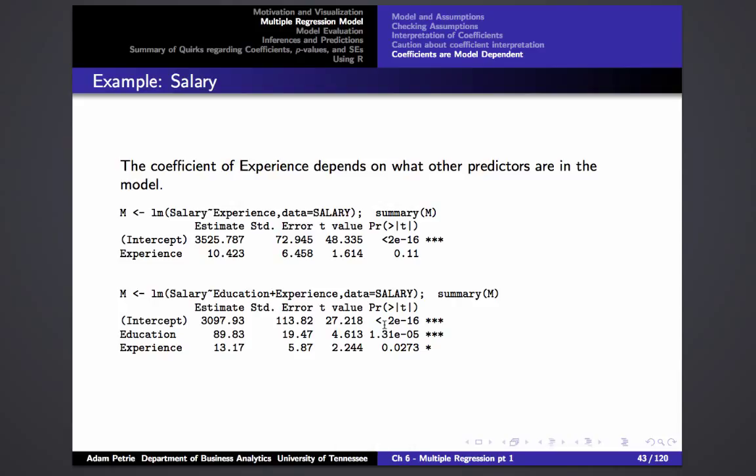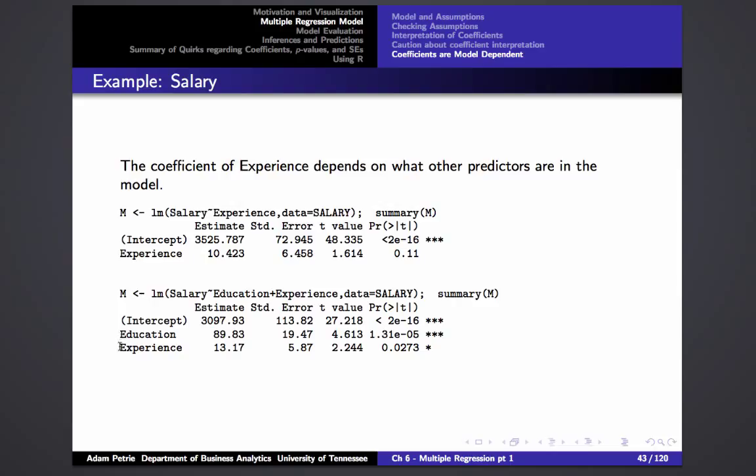Okay, so let's just look at a few examples here. Back to our salary example, we saw that if we predicted salary just based on someone's experience, it was not a statistically significant regression. The p-value was bigger than 5%. So it looks like you don't do any better at predicting salary using experience than some random unrelated predictor.